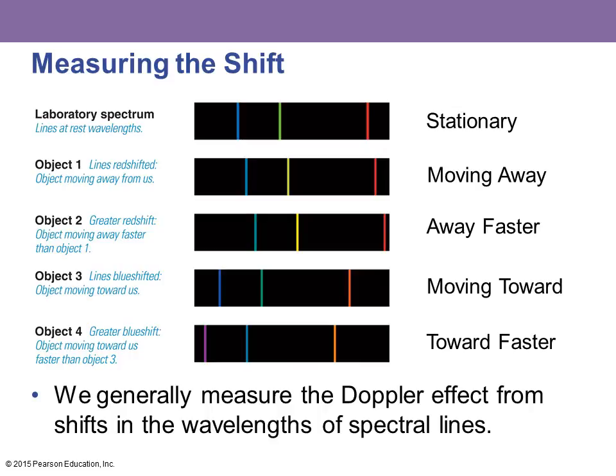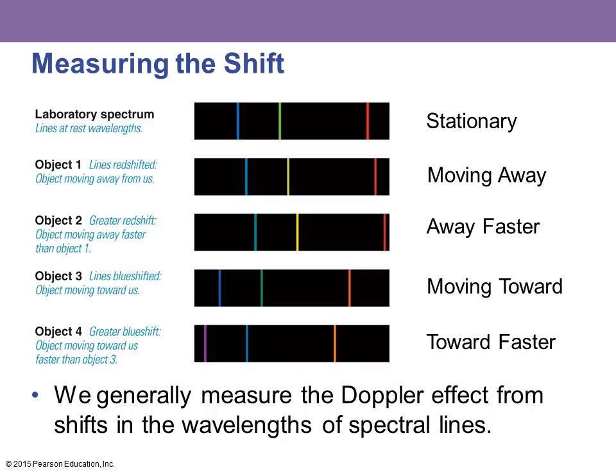These are actual spectra of stars that might be used for comparison, and we might do this in our activity on Tuesday, where the stationary spectrum of an object is at the top, and then we have several other spectra as examples of objects that are moving away or moving toward us.